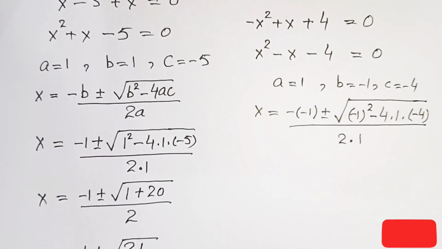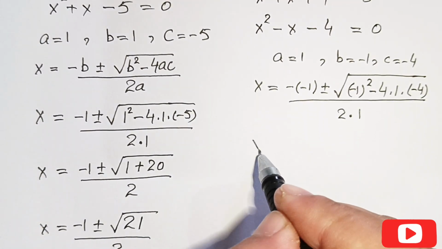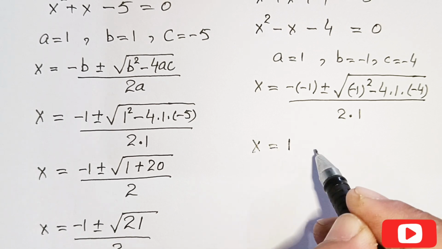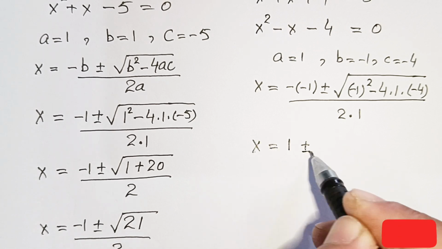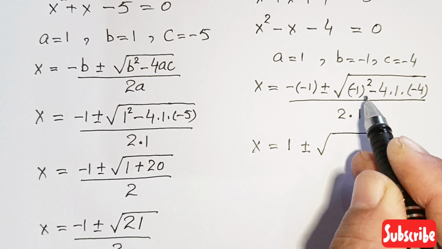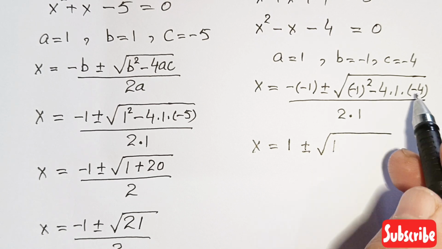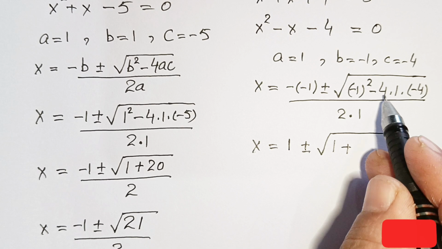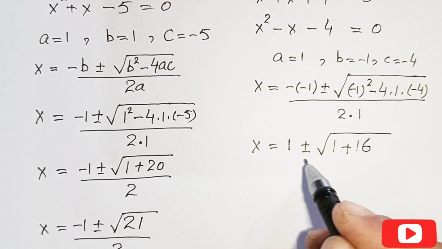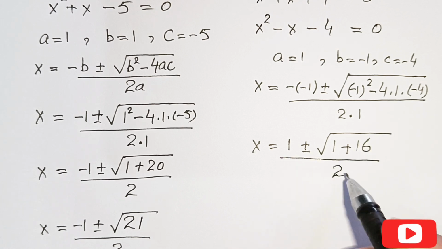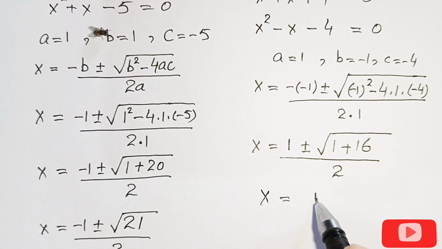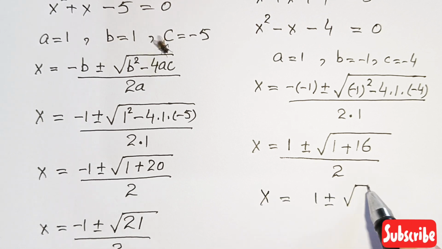Here we have x is equal to 1 plus minus square root of 1 squared, which is 1, and minus times minus is plus, 4 times 4 is 16, all over 2. So x is equal to 1 plus minus square root of 1 plus 16, which is 17, over 2.